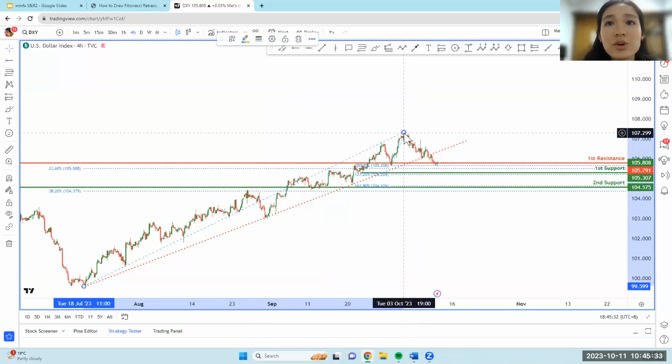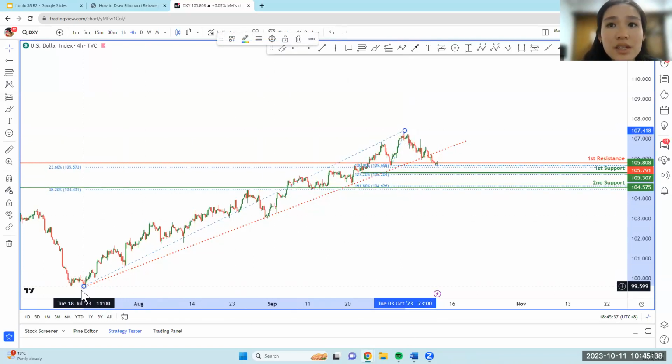Okay, I have a 38.2 and 23.6 level. Okay, that both line up nicely.